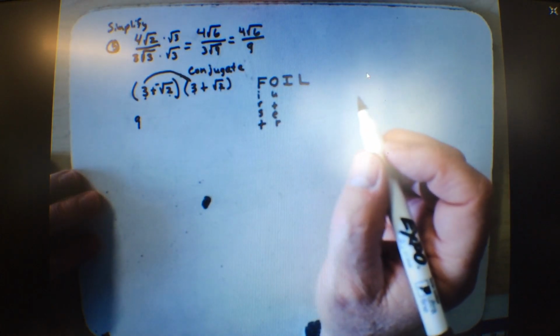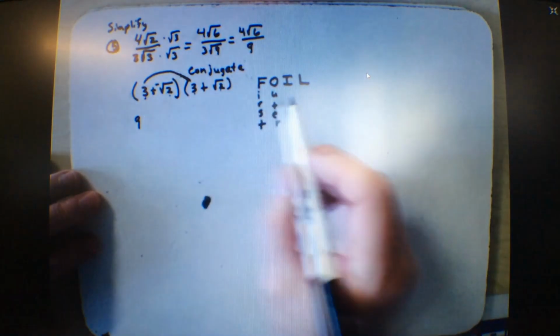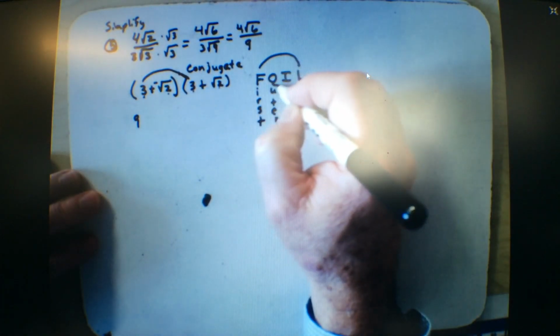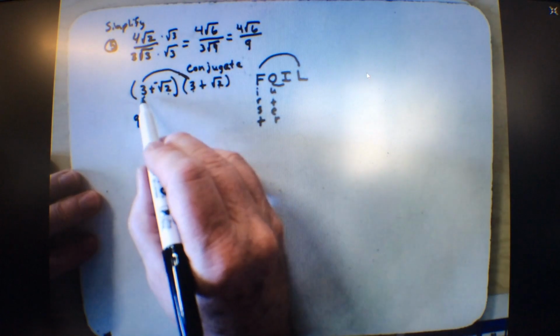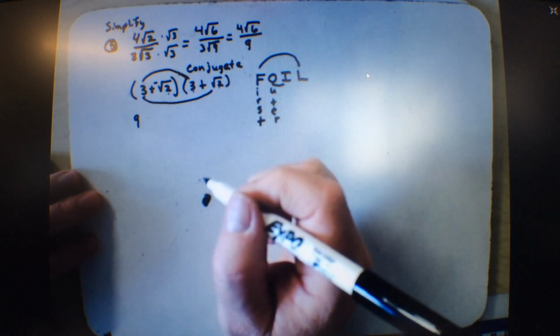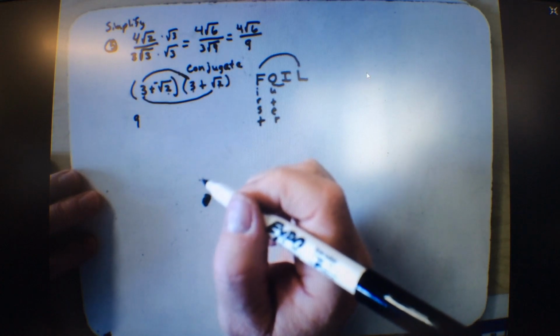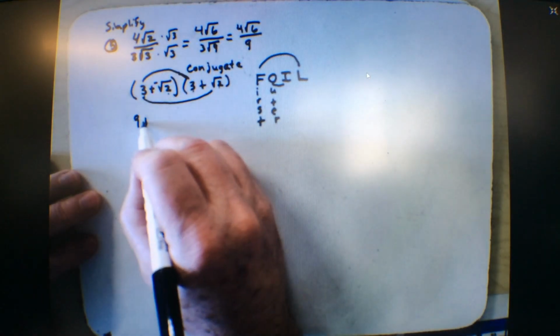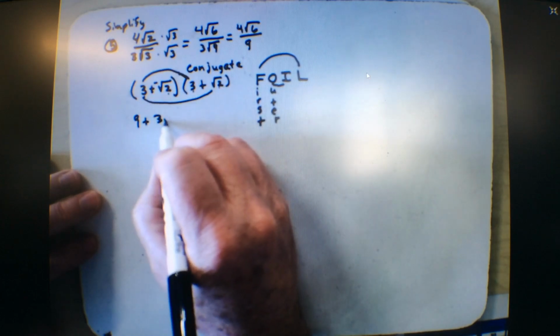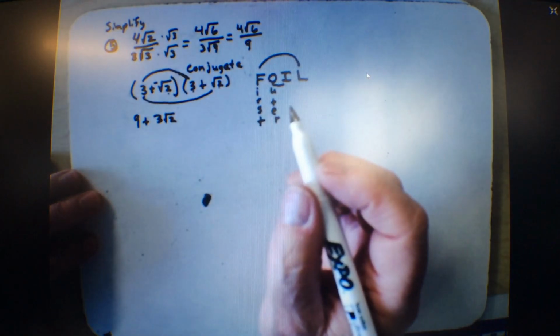Okay? Outer. And I do that underneath. So these two are on top, these two are on bottom. What I mean by bottom is this times this. Okay? So, I can't take a whole number times a radical, so it's just 3 times the square root of 2.